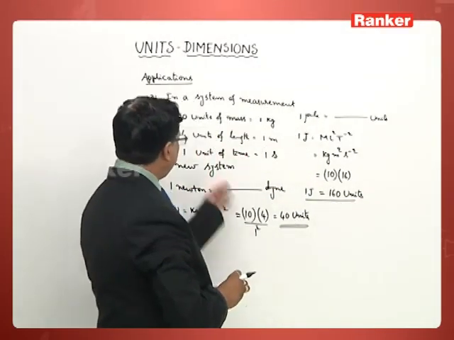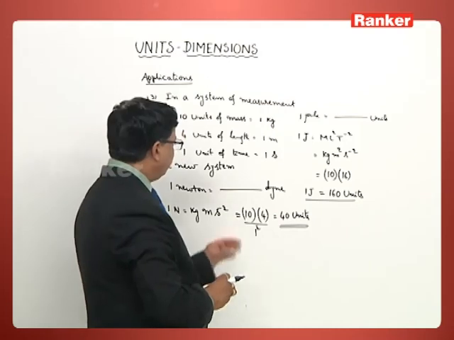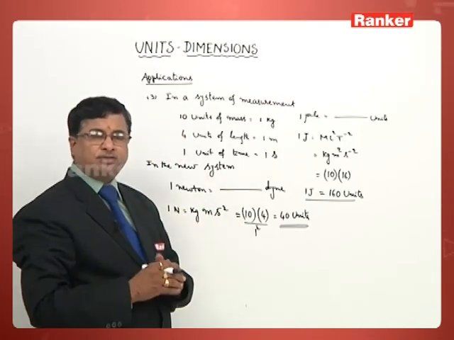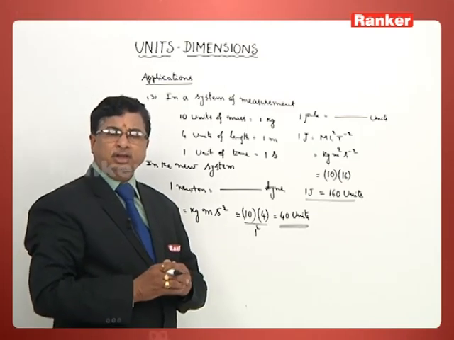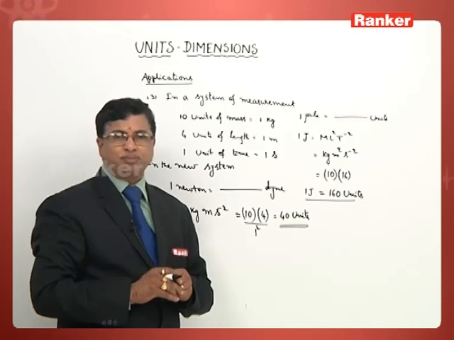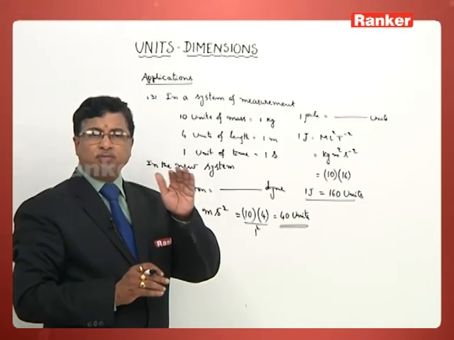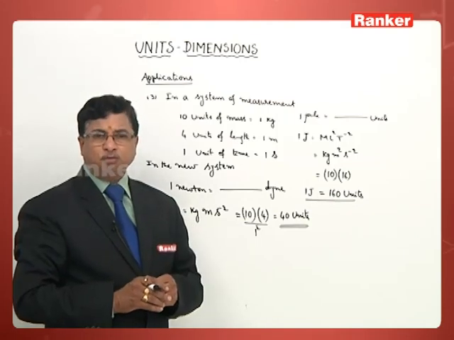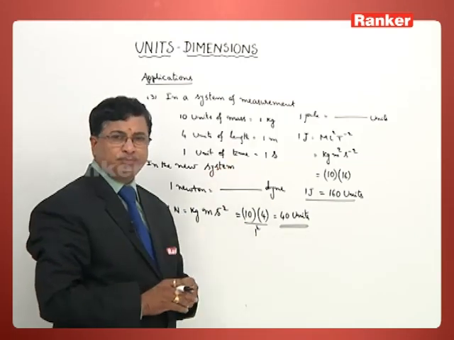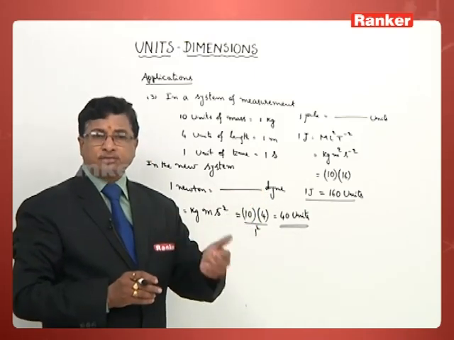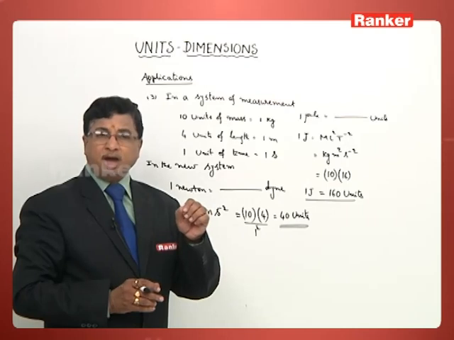So, in such model questions, they used to imagine a particular system. In that system, some equivalent relations are going to be provided to us. According to the given values or relations, we need to estimate the value of a Newton, the value of 1 joule, 1 Pascal, 1 watt.